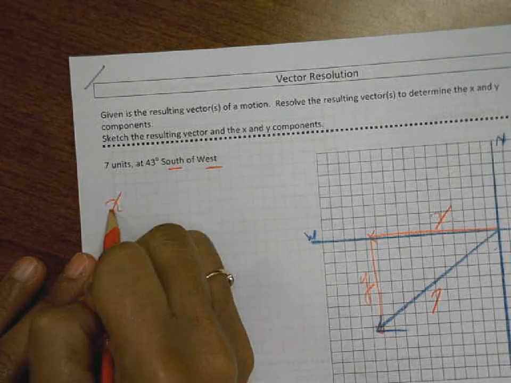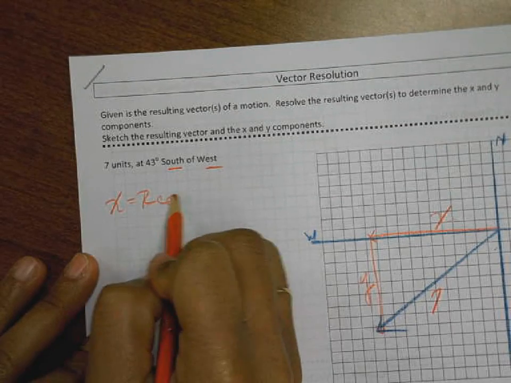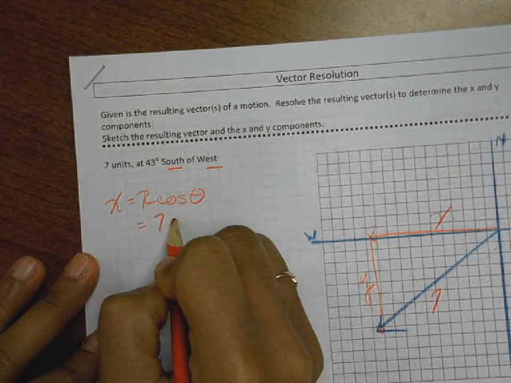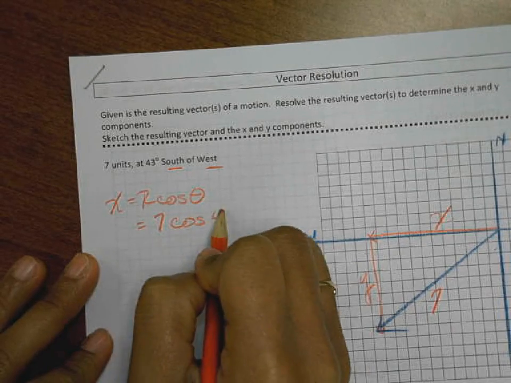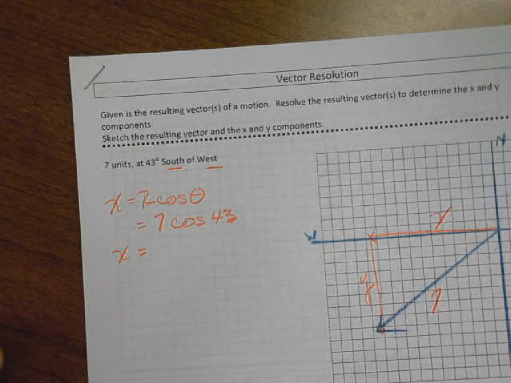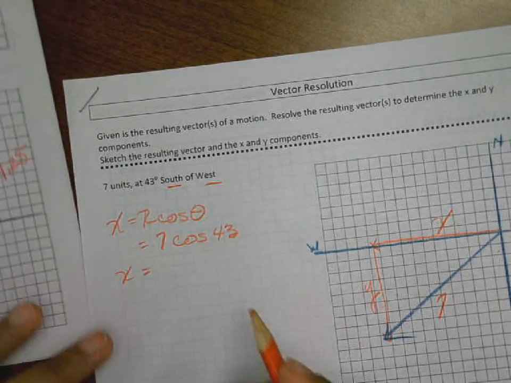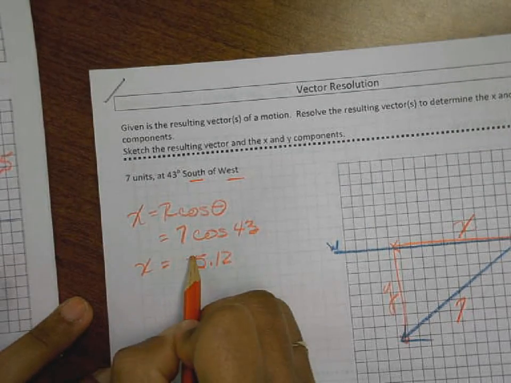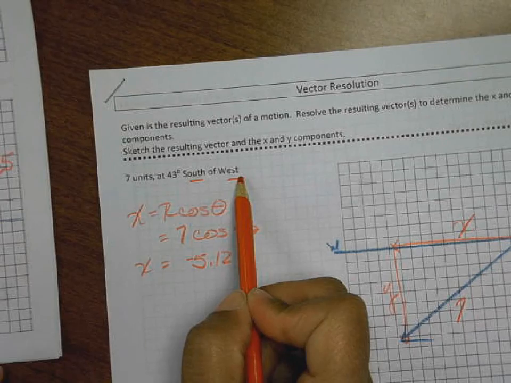So, let's see. X is our cosine theta, which is 7 cosine of 43. I have these worked out, that way I don't have to spend time on my calculator. Let me find that sheet of paper. I got x to be 5.12, and it is negative because it's west.